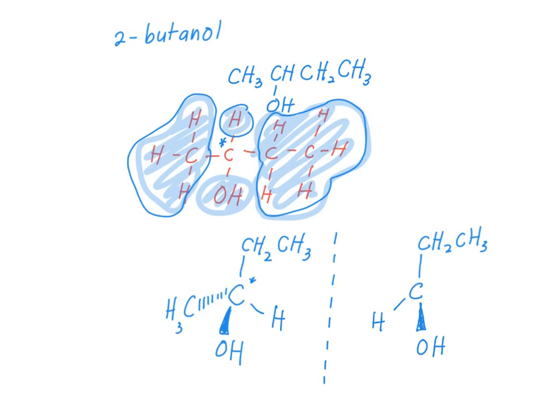The last one is bonded to CH3. I label here structure 1 and structure 2. The relationship between structure 1 and structure 2 is that they are enantiomers. So this is example 1 from the module using 2-butanol.